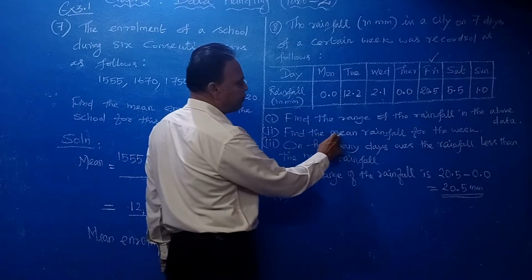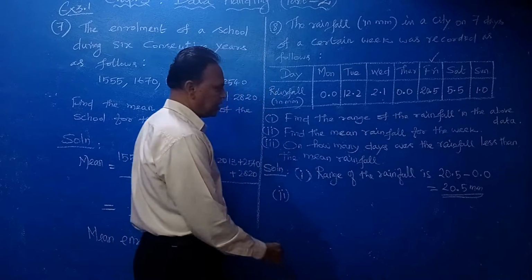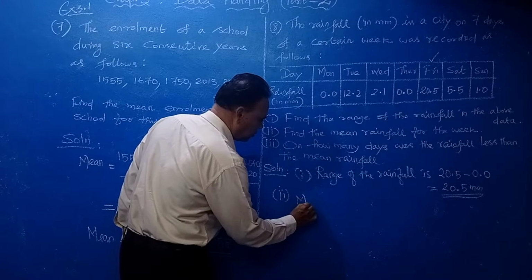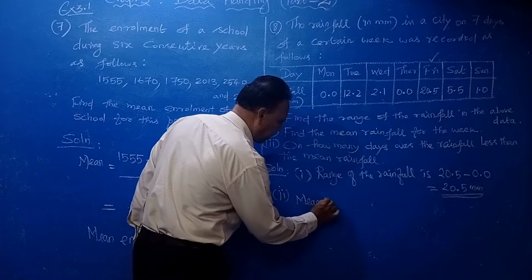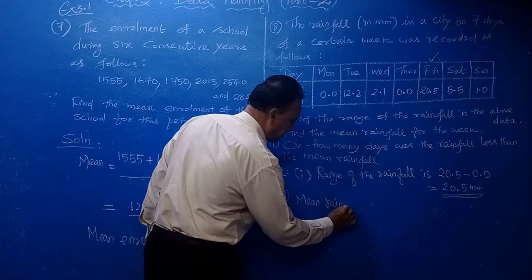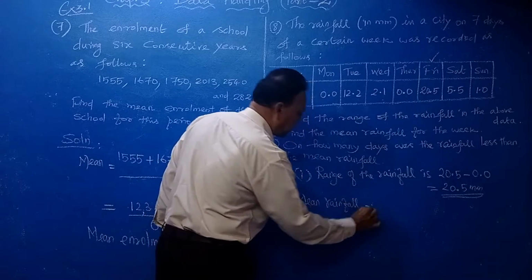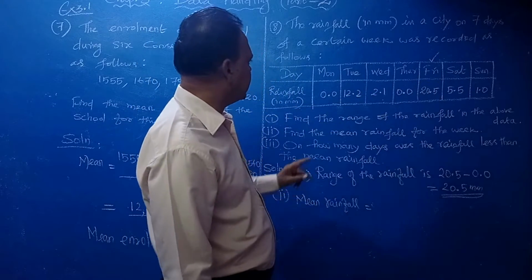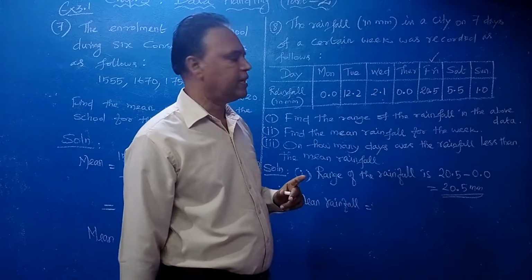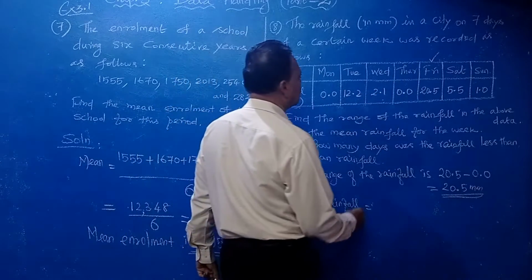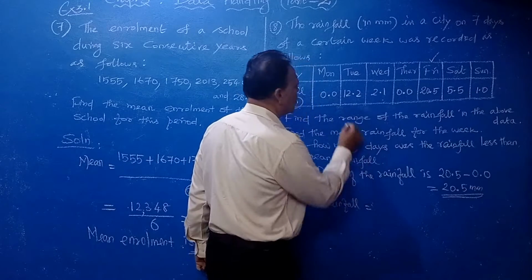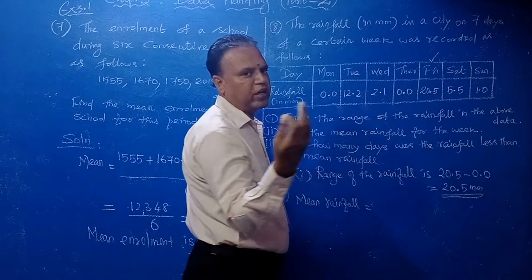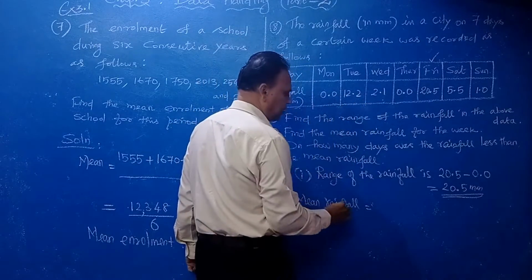Next, second problem you see. How to find out the mean rainfall for the week. Therefore, mean rainfall equal to, so what you have to do? Add all the data. How many data are there? 7 data. Clear? Add all. Clear? So 0.0, you can leave it, but still you write for understanding purpose.